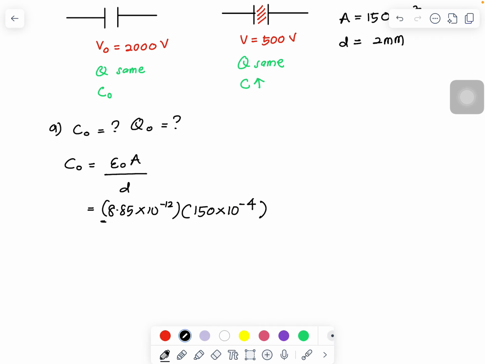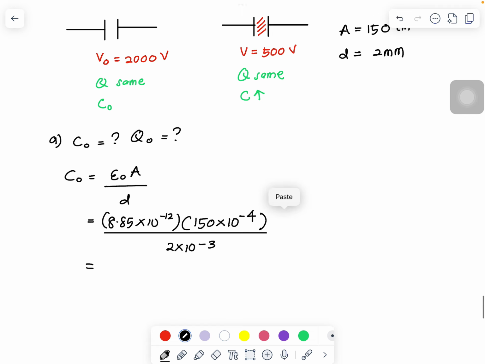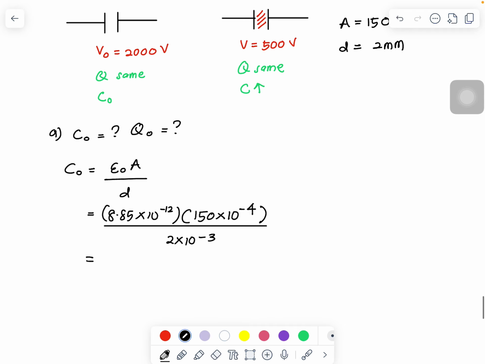Divided by the distance, 2 exponent negative 3. So you will get the value. Let me tekan calculator. You get 6.64 exponent negative 11, and the unit will be the unit for capacitance lah.